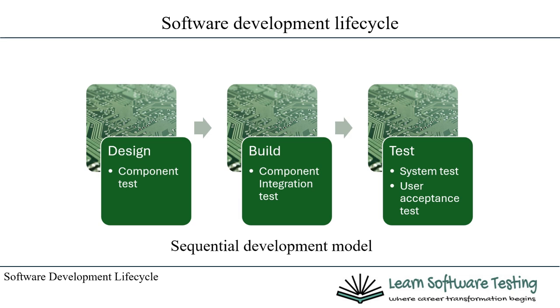Once each activity, like the design activity, has been completed, a test is carried out to ensure that that specific module works as it should and meets the requirements. That type of test is known as a component test, when the individual module is tested to ensure that it works correctly.